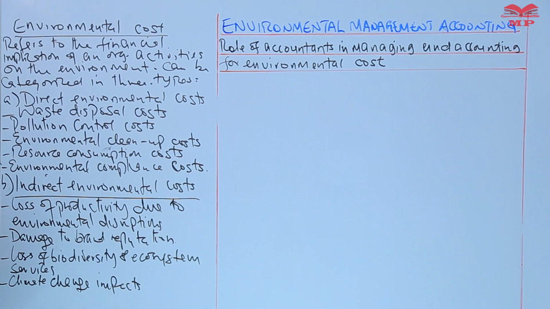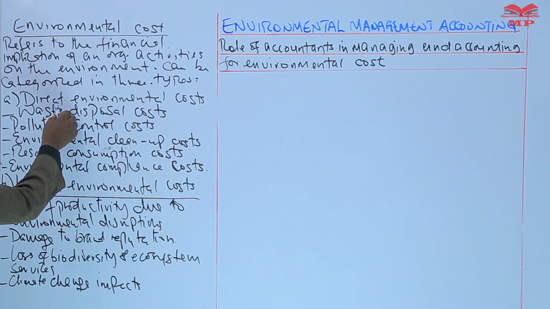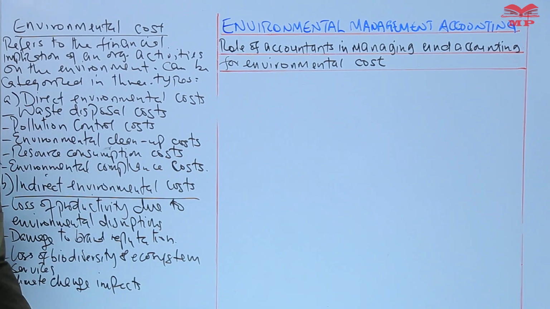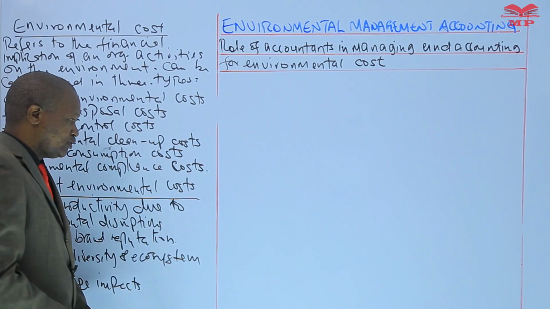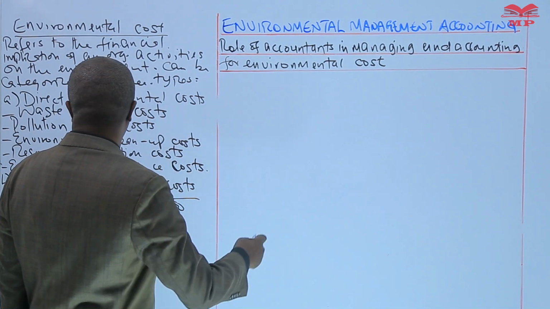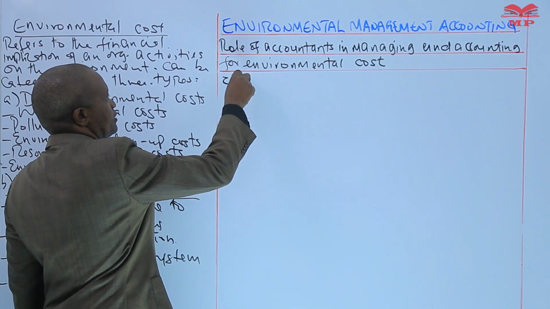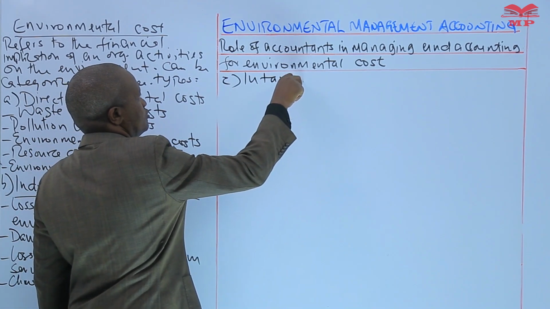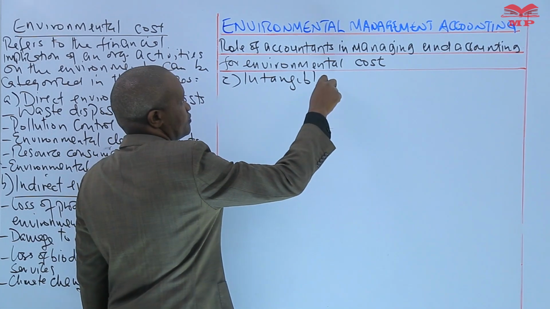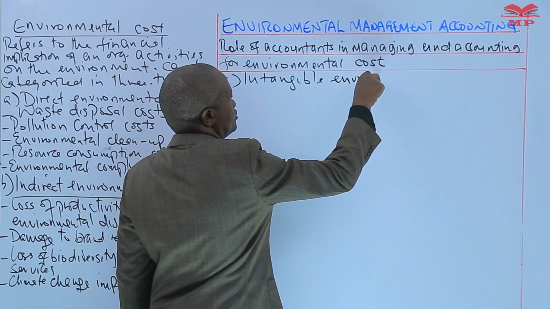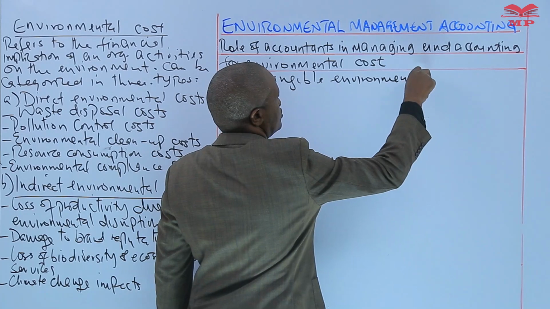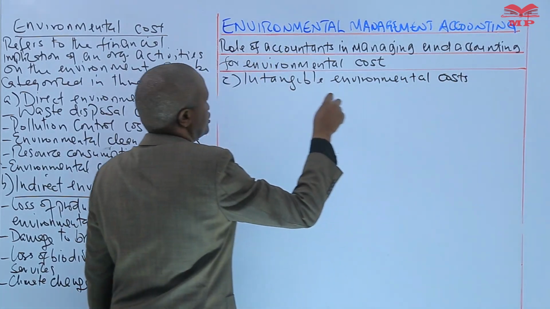The third category. We've highlighted 2, that is the direct costs and indirect costs. The third category is what we call intangible environmental costs.